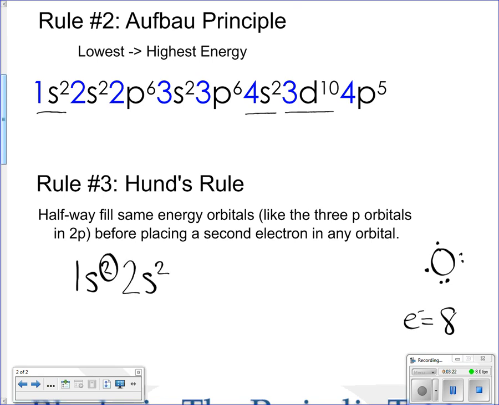I'm just following the same energy levels that we see with the Aufbau principle. So far we have 4 total electrons. We need 4 more, so the next energy sublevel would be 2p. And we only have 4 more electrons that we need, so we'll end with 2p4. So the electron configuration for oxygen would be 1s2, 2s2, 2p4.